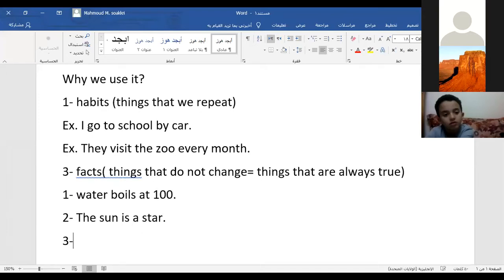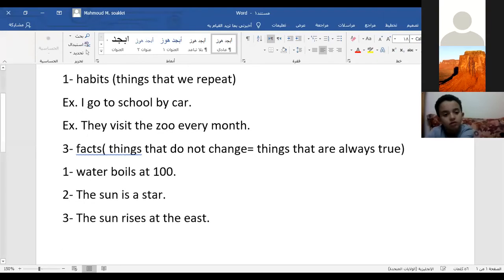Another example, the sun rises in the east. This also is a fact, it doesn't change.